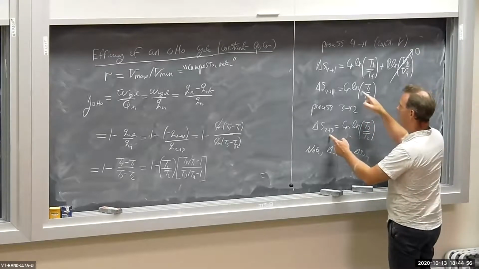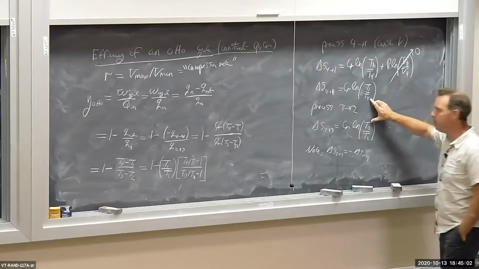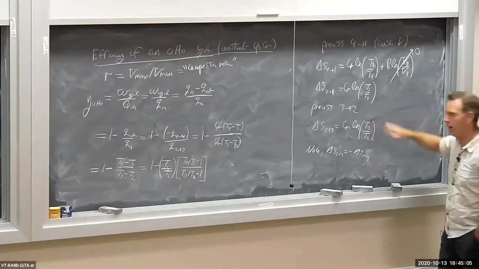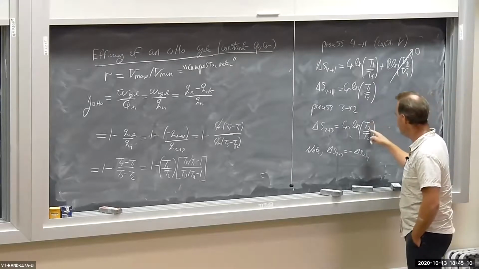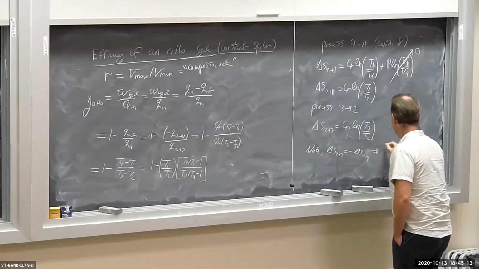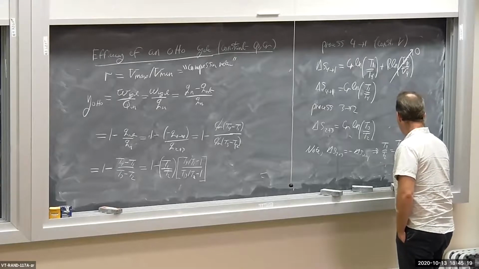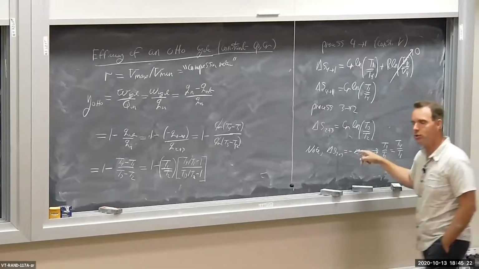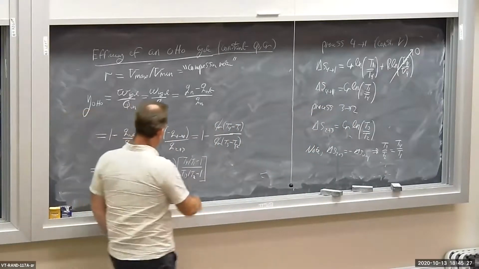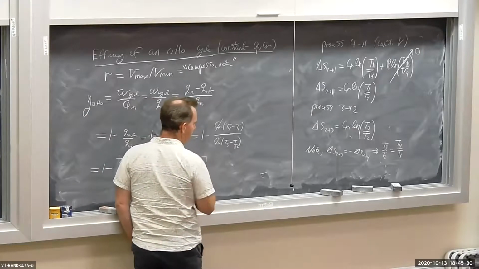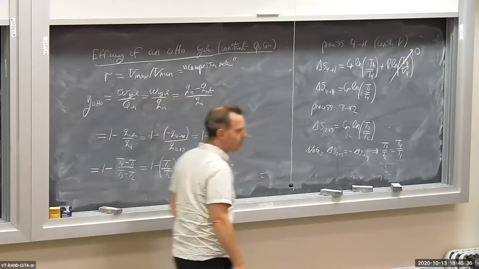So this guy is equal and opposite of this guy. This implies T3 over T2 is equal to T4 over T1, since these delta S's are equal and opposite. Okay? T4 over T1 is equal to T3 over T2. That means this quantity in brackets is equal to 1, and it goes away.